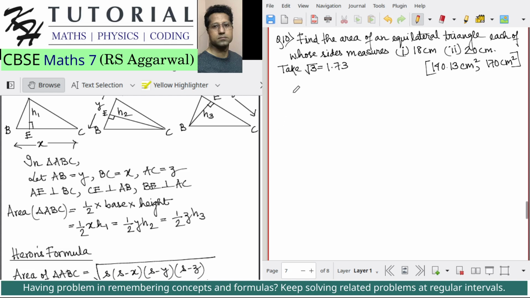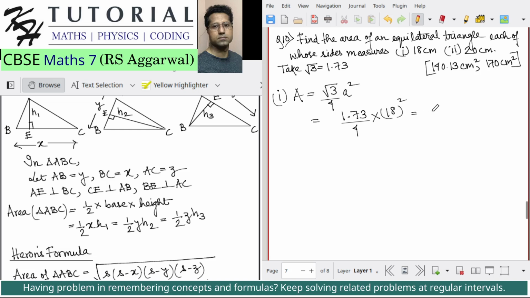We know that the area of an equilateral triangle, having the length of each side as a, is square root of 3 divided by 4 multiplied by a square. So for part 1, this is equal to 1.73 divided by 4 multiplied by 18 centimeter square.